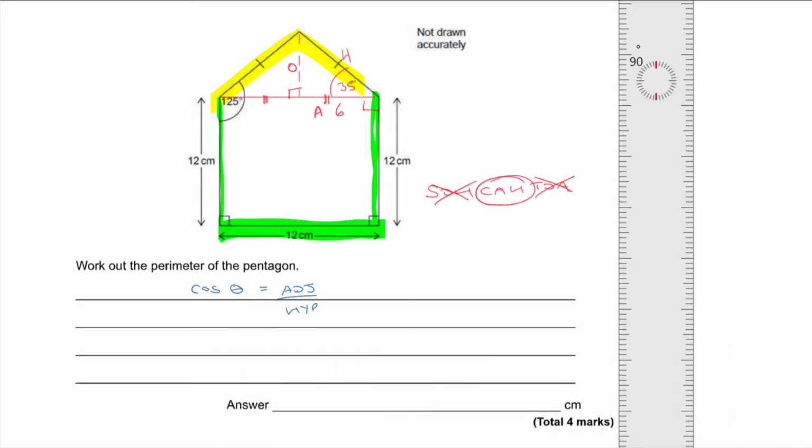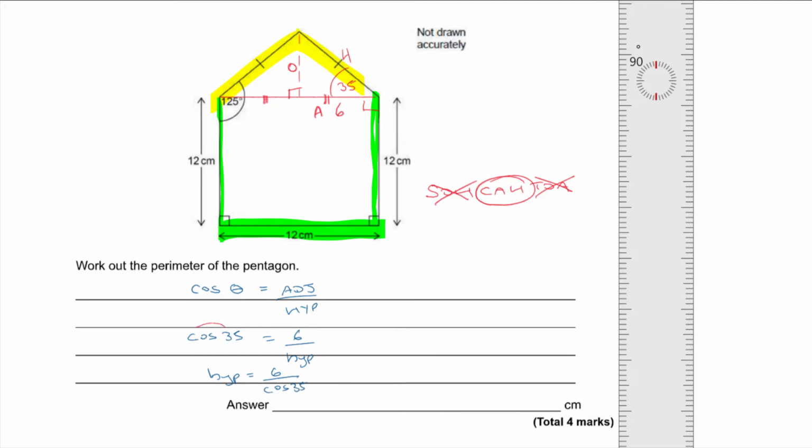Okay, subbing into the formula, cos 35 is equal to the adjacent, which is 6, divided by the hypotenuse, which I'm trying to find. Okay, so rearranging that then, our hypotenuse is going to be equal to 6 divided by cos 35.